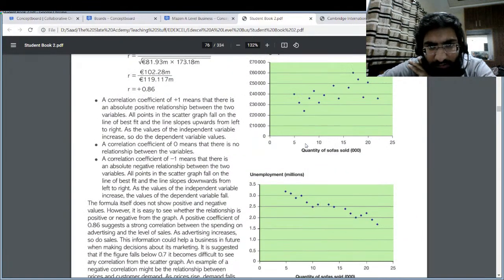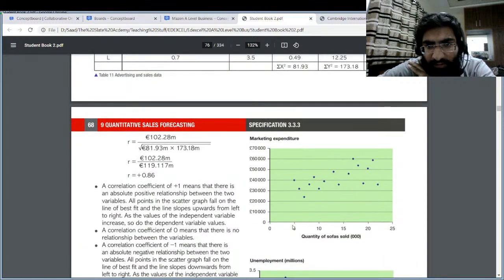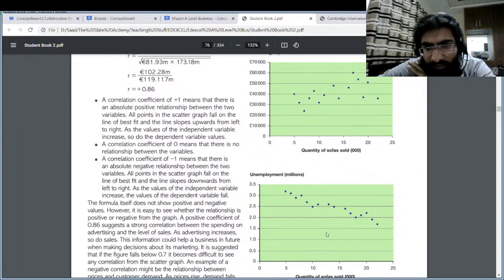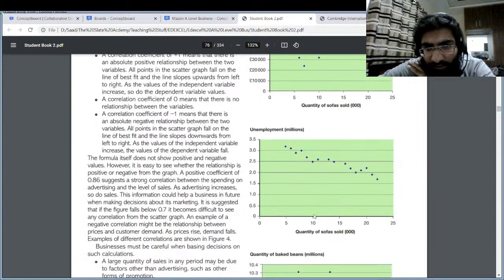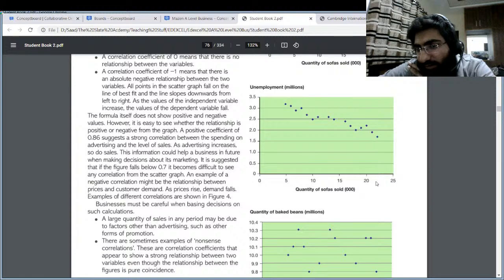All right. So for positive correlation, you will have an upward sloping line. For negative correlation, you will have a downward sloping line. So when unemployment decreases, the number of sofas sold increases, right? So is this a normal good or an inferior good? Normal good.